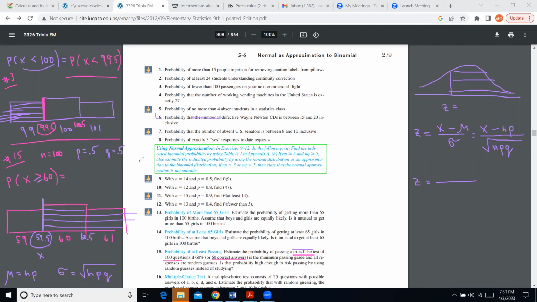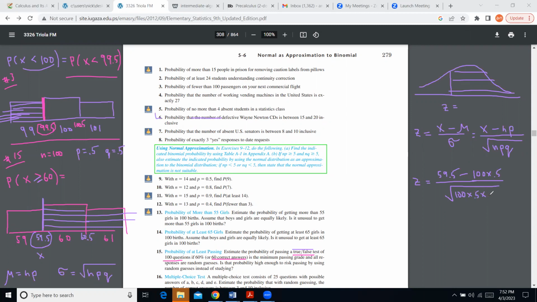So if you do it completely by guessing, both p and q equal 0.5. So my value of x was 59.5 minus n, which is 100, times p, which is 0.5. And then in the denominator, I'm going to have the square root of 100 times 0.5 times another 0.5.